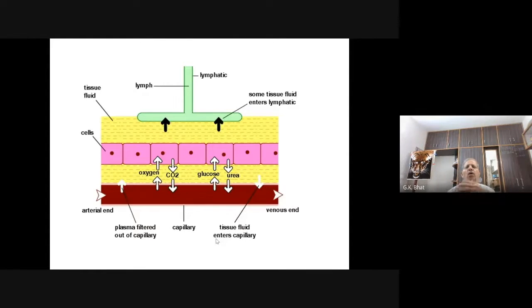How is this fluid formed? Look here. We have a blood capillary bringing the blood to the tissues.